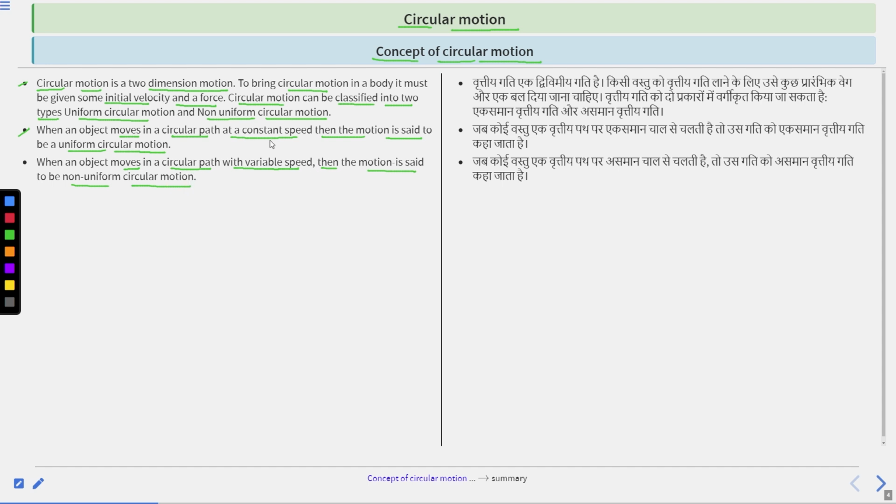The main difference is that the speed is constant in uniform circular motion, but in non-uniform circular motion speed is variable, means it changes with time, but in uniform circular motion speed is constant, means it does not change with time. Clear? So this is the main difference between uniform circular motion and non-uniform circular motion.